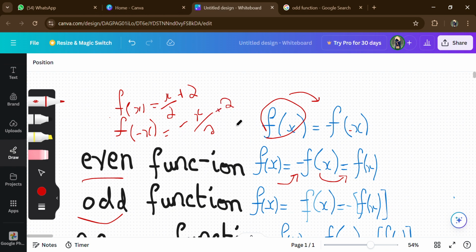Now after solving this, it will be upon 2, and then it will become x plus, x minus x plus 4. This is how it will be solved. After solving it, if we take the whole negative sign, is it the same answer as this one? No. So this is called a neither even nor odd function.